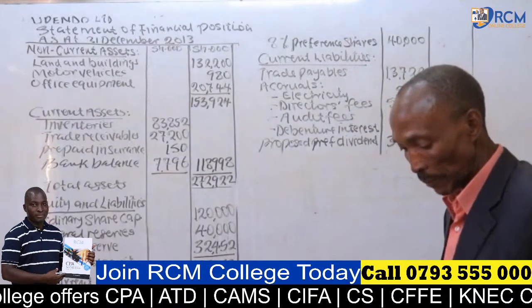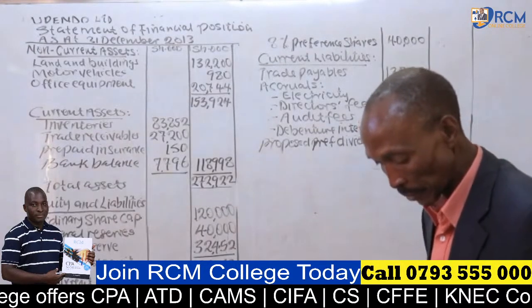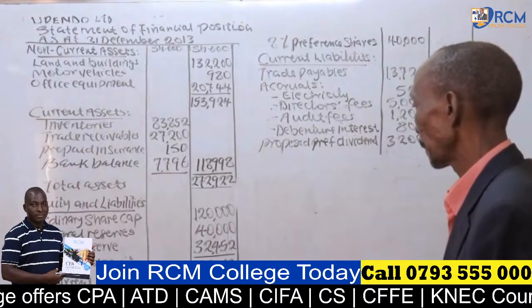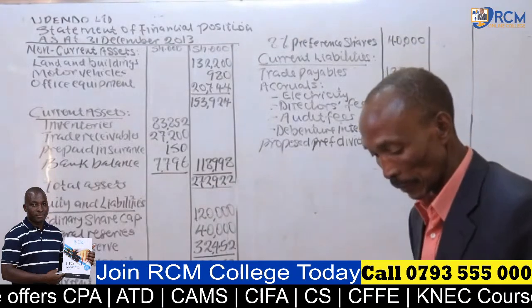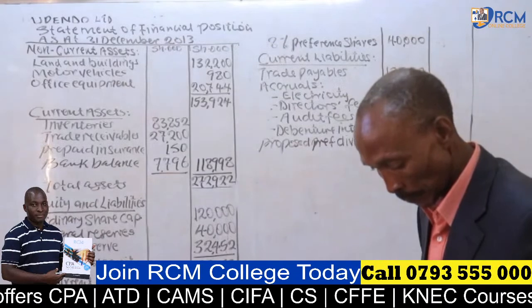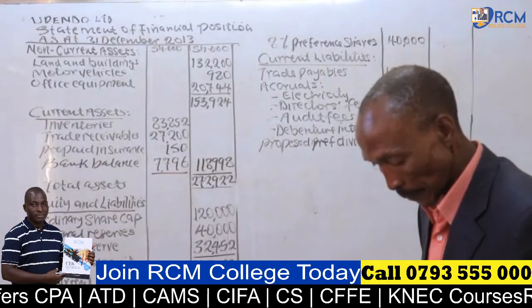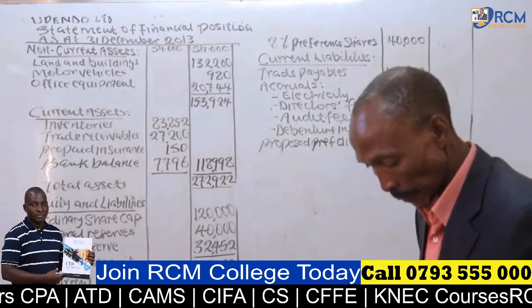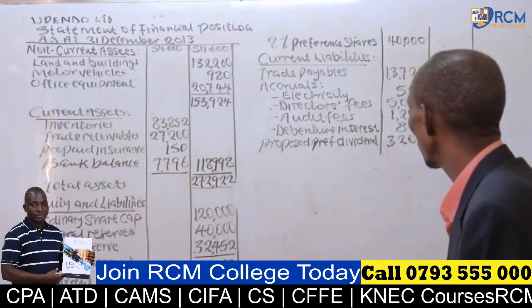So my total of the liabilities, okay, 480. Summing up the liabilities, 13,722.